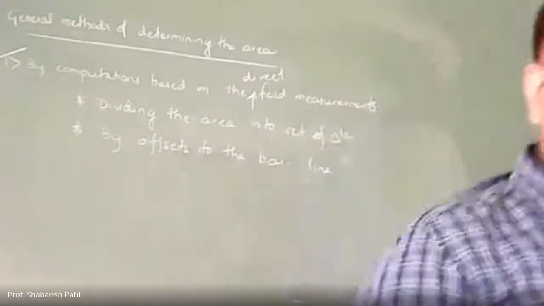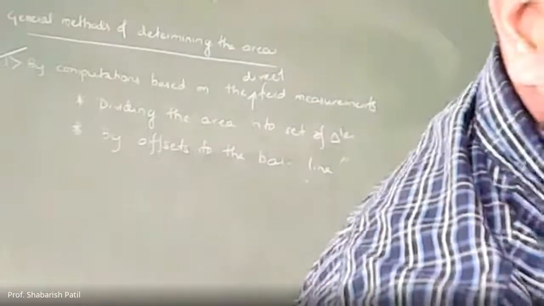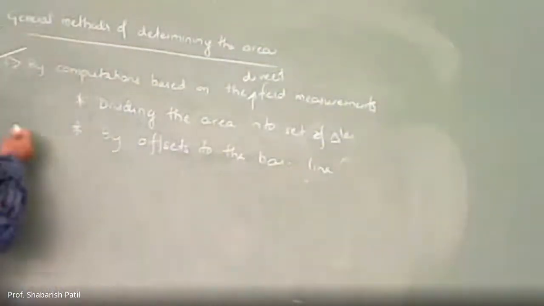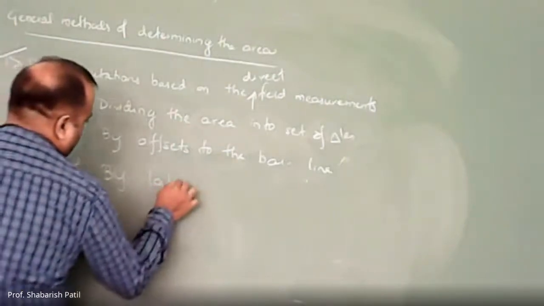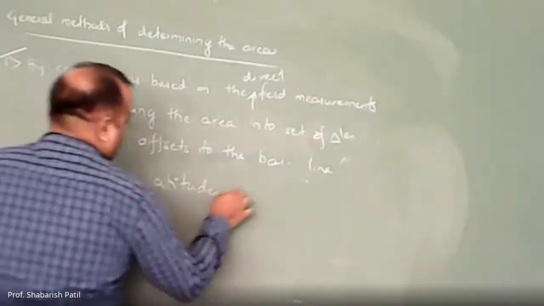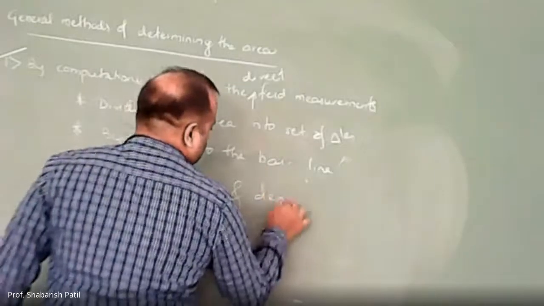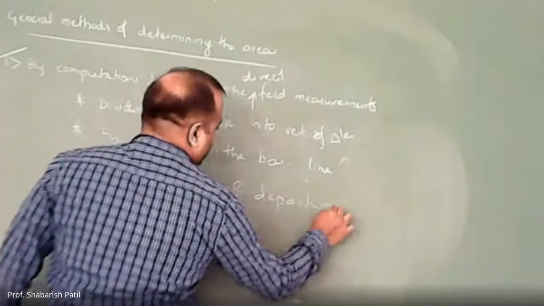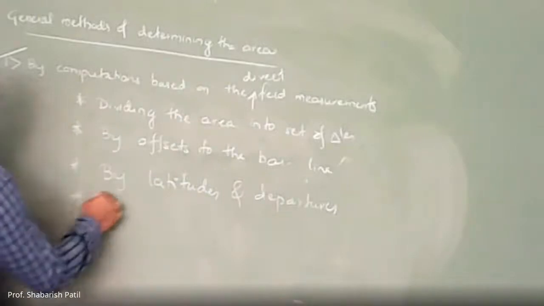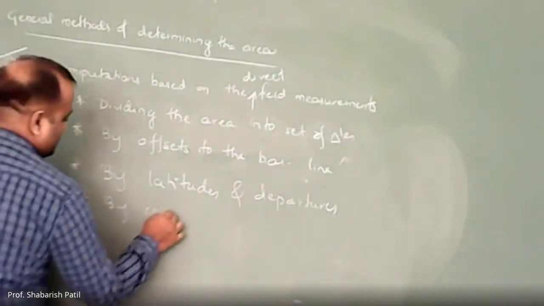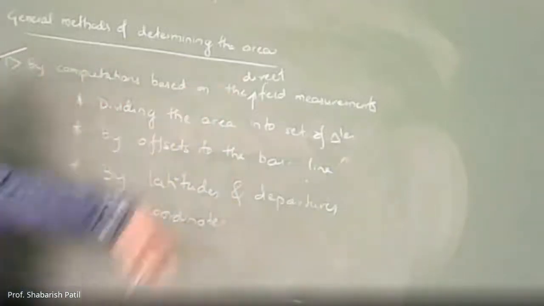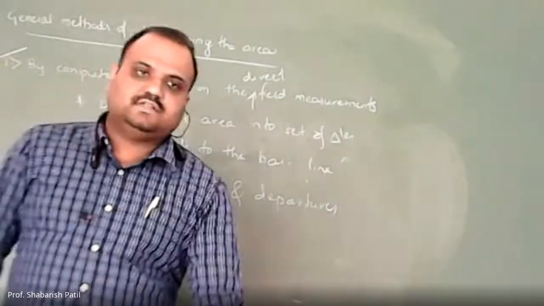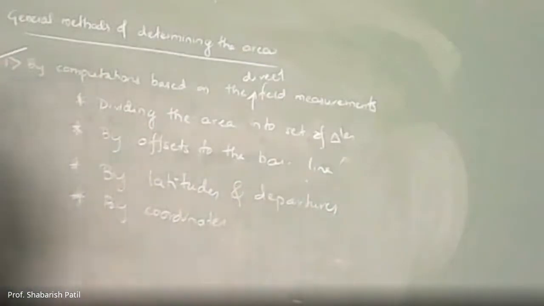With latitude and departure, we will get the coordinates also. So the third is by latitudes and departures, and the last one is by coordinates. If we know the xy position of each and every point in the topography, then we can calculate the area. So these are the few methods.